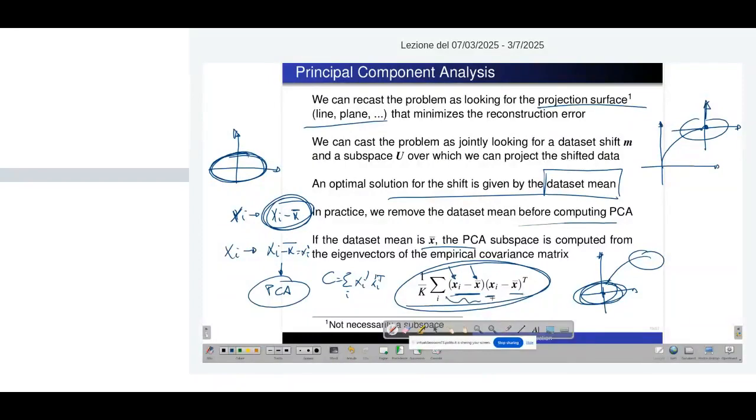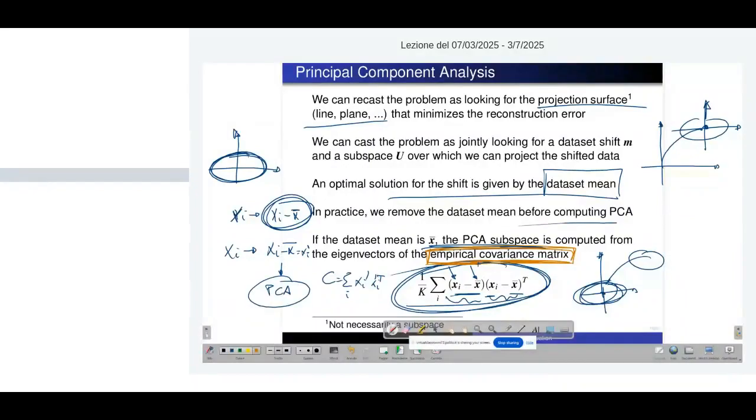These are the samples over which I apply PCA, which means that the solution for the PCA subspace corresponds to the leading eigenvectors of this matrix. This matrix is called the empirical covariance matrix of my dataset. Taking the data as if they were an empirical distribution, it would be the corresponding covariance matrix.